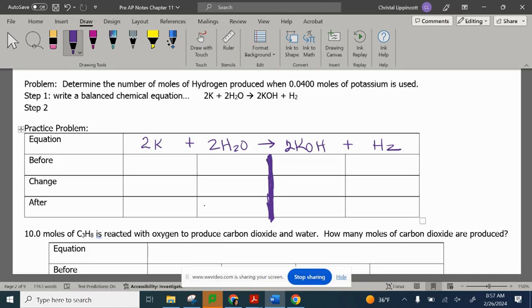All right. They are telling us that we are starting out with 0.04 moles of potassium. This is already in moles, so we don't need to convert it. We can just go ahead and plunk it down in our chart here.